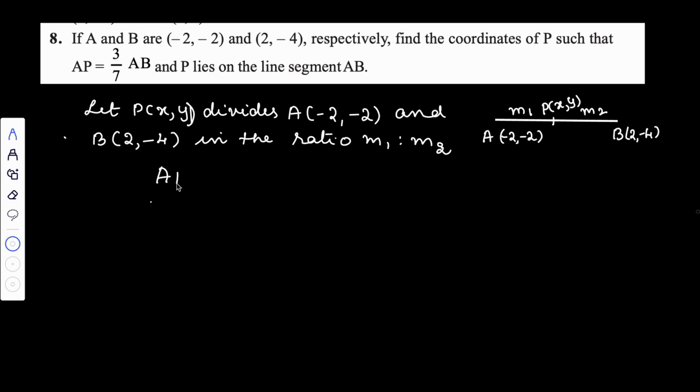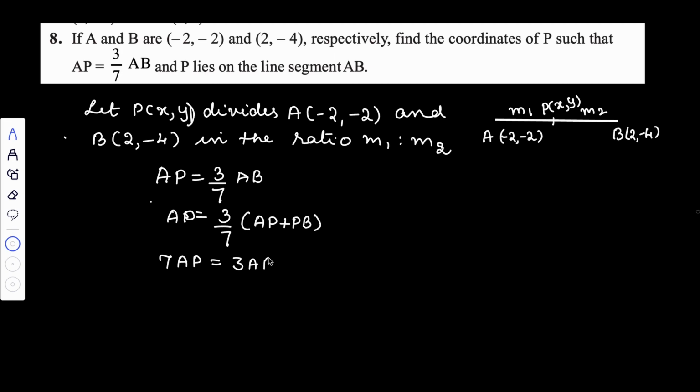So AP is equal to 3 by 7 AB. In the place of AB, we can write AP plus PB. So by doing cross multiplication, 7AP is equal to, open the brackets here, 3AP plus 3PB.